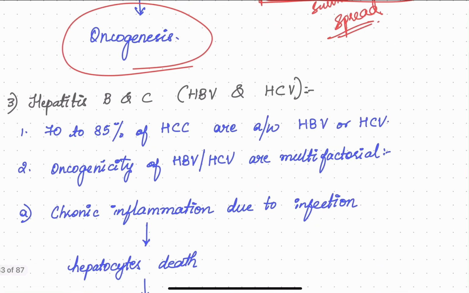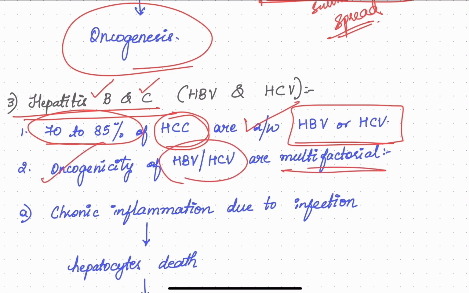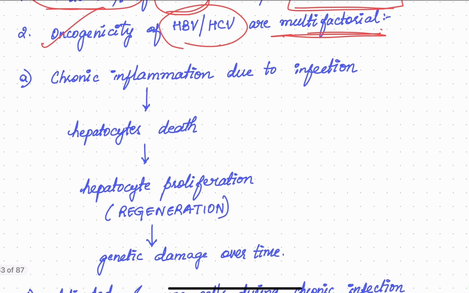Now coming to hepatitis B and C. Hepatitis B is a DNA virus, C is an RNA virus. We'll study them together. 70 to 85% of hepatocellular carcinomas are associated with viral infection with HBV and HCV. The oncogenicity of these viral infections is multifactorial. One theory, firstly, is that because of the infection, there's chronic inflammation within the liver, because of which the hepatocytes die.